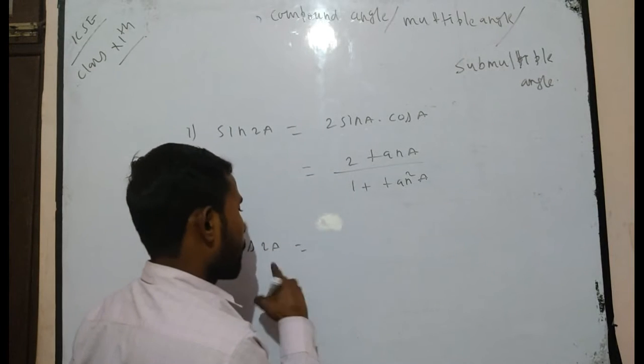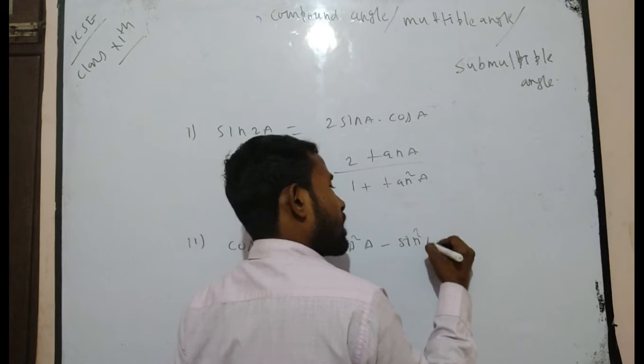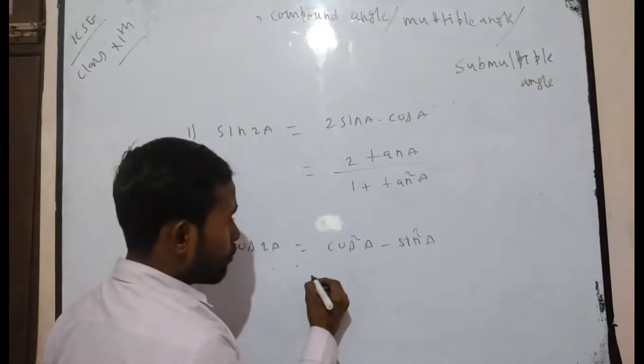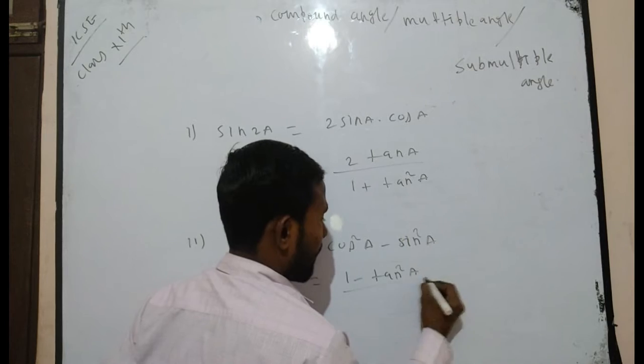That will be cos 2A is equal to cos square A minus sin square A. It is also equal to 1 minus tan square A divided by 1 plus tan square A.